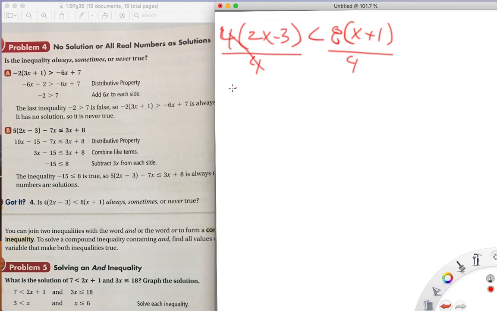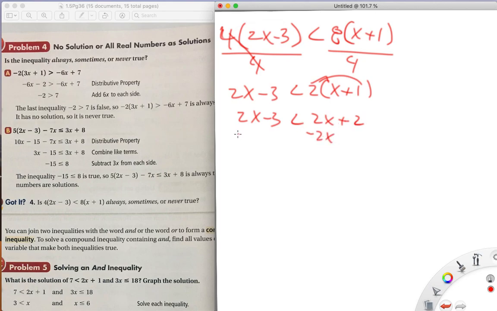That goes away, and I get 2x minus 3 is less than 2x plus 1. Here I can use the distributive property. 2x plus 2, subtract 2x. The negative 3 drops, the inequality less than drops, and 2 drops. Negative 3 is less than 2, so this will always be true.